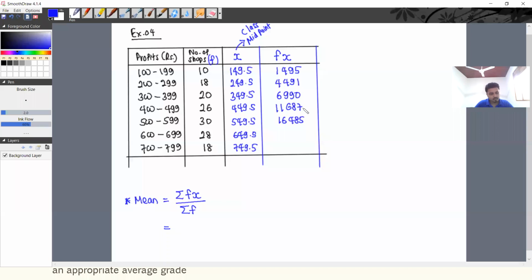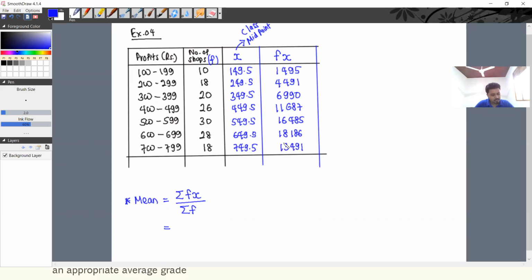Next, 28 into 649.5, that is 18,186. The last one, 18 into 749.5, that is 13,491.